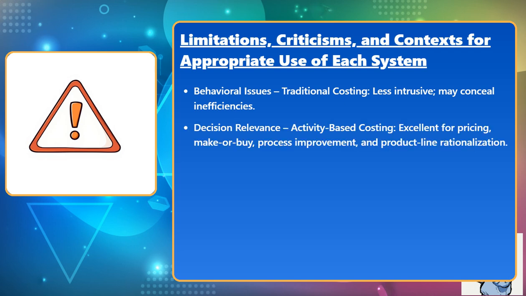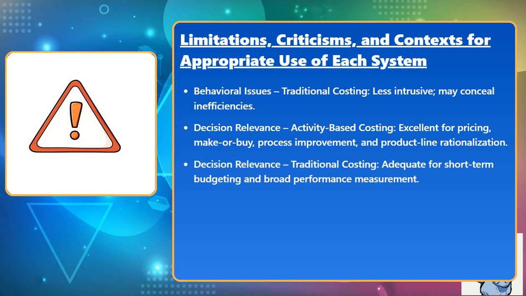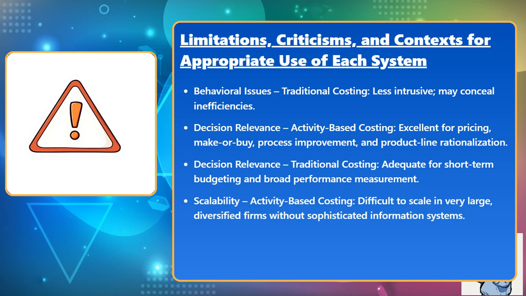Decision relevance, activity-based costing: excellent for pricing, make or buy, process improvement, and product line rationalization. Decision relevance, traditional costing: adequate for short-term budgeting and broad performance measurement. Scalability, activity-based costing: difficult to scale in very large diversified firms without sophisticated information systems.